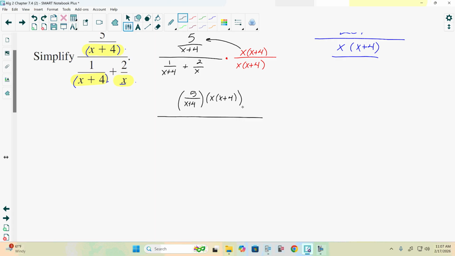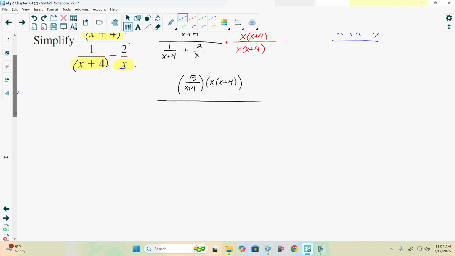We're going to multiply it by that fraction. Questions? We're going to have to do the same thing on bottom. So the x times x plus 4 is going to be multiplying by this 1 over x plus 4. Plus, we're also going to have to multiply it by our 2 over x.